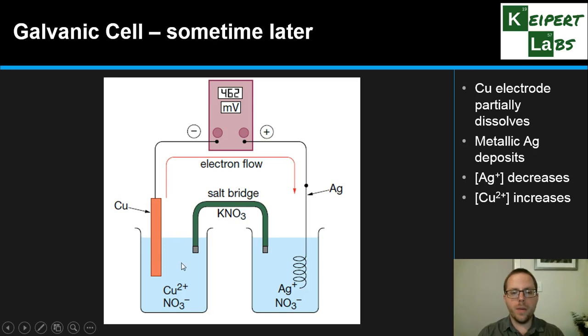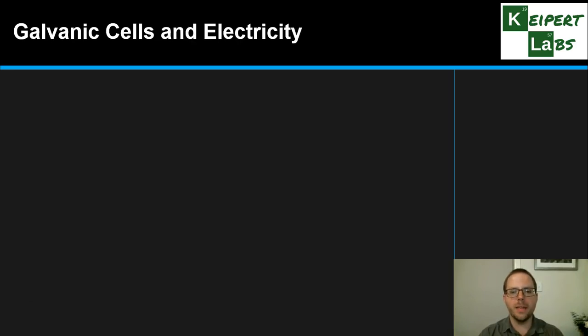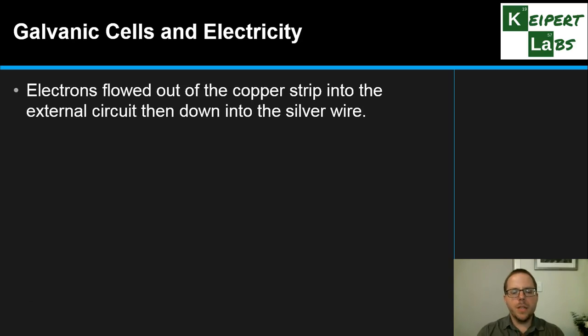To explain how this works, we can try to make sense of what's actually making this happen. In this scenario, the chemical change occurred with an electron transfer process, because the electrons flowed out of the copper strip up into the external circuit, then down into the silver wire.